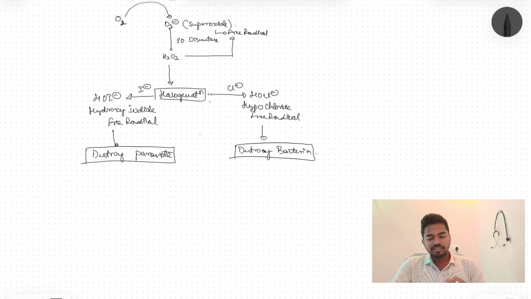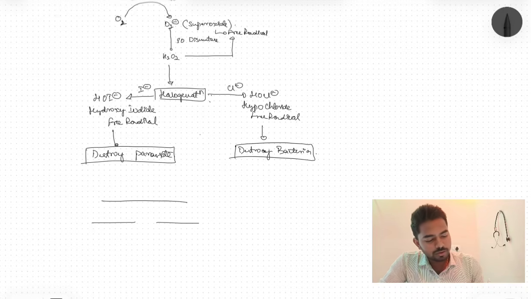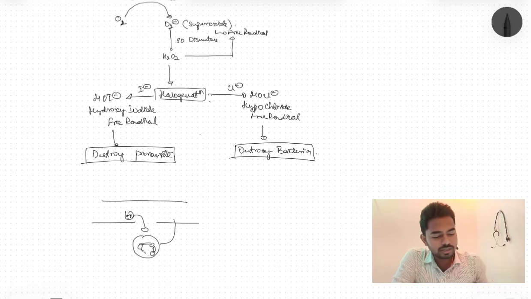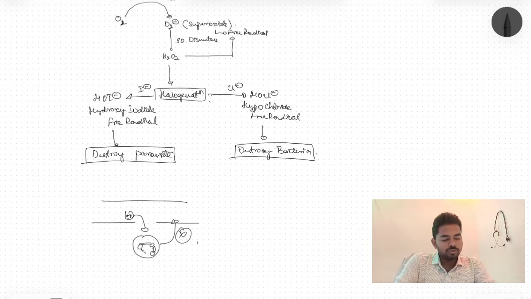And what happens next is, see, neutrophil came outside the blood vessel, right? But remember this, guys, once the neutrophil comes outside the blood vessel, it cannot go inside again.